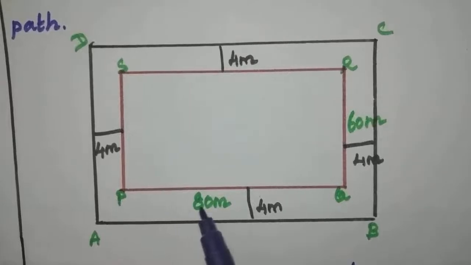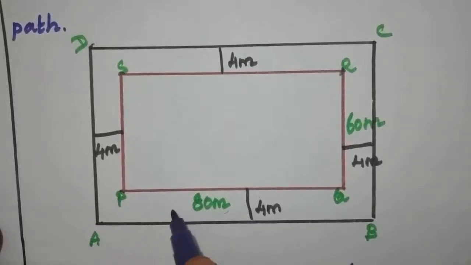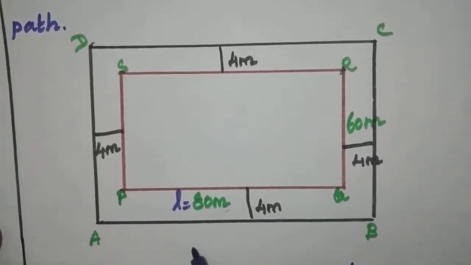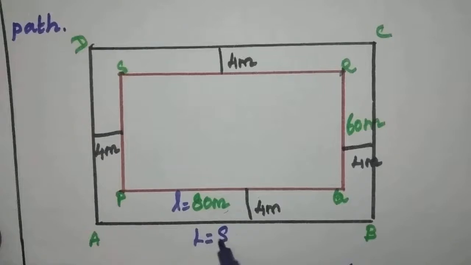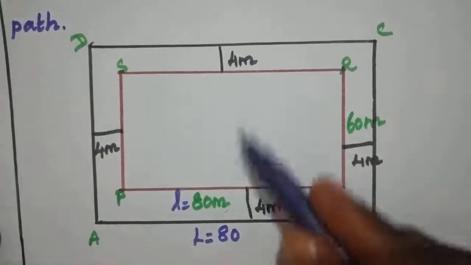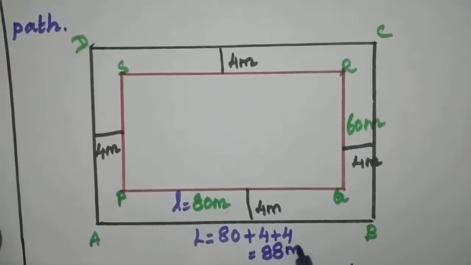The length of the inner rectangle is 80 meter. Then what will be the length of the outer rectangle? Yes, if you take the inner rectangle length as small l, we can take the length of the outer rectangle as capital L. So the inner rectangle length is 80 and 2 times the width, which is 4 plus 4, is 88 meter.